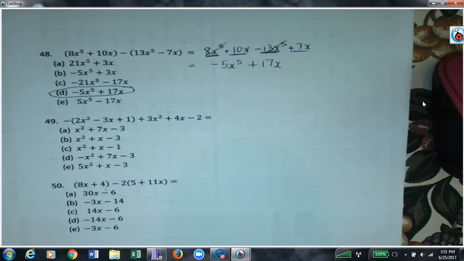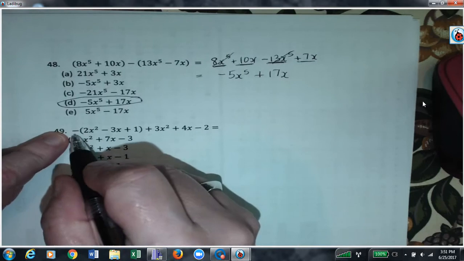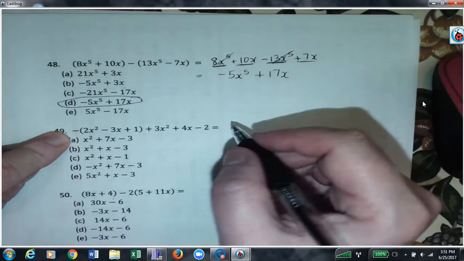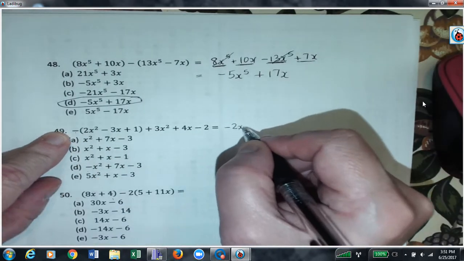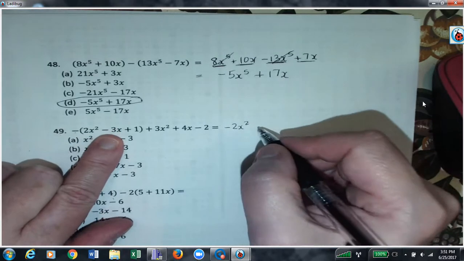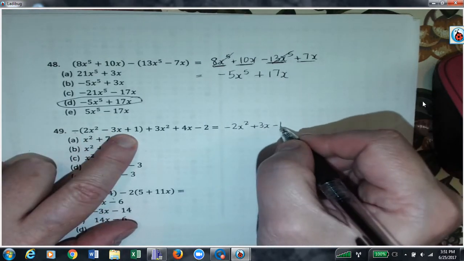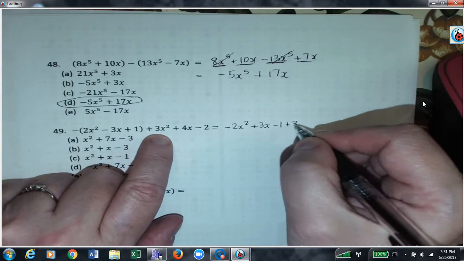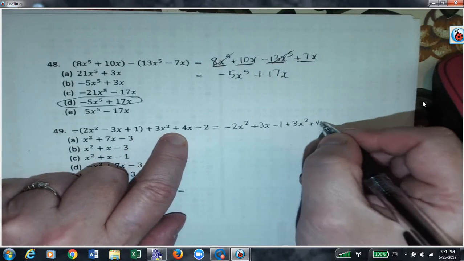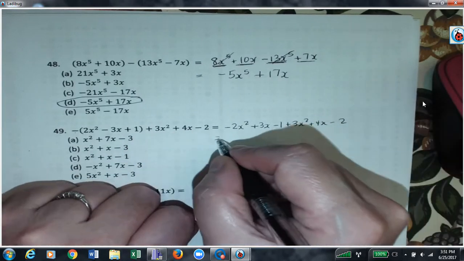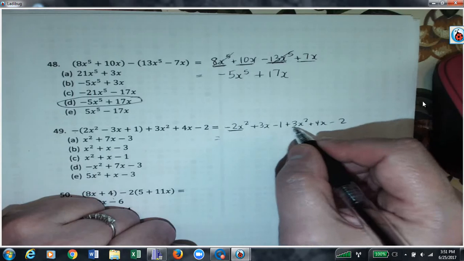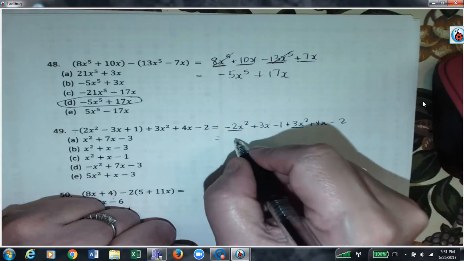And 49, there's a negative sign out the front. It must pass through everything. So minus negative 3x is plus 3x minus 1. Then plus 3x squared plus 4x minus 2. So I have minus 2x squared plus 3x squared.